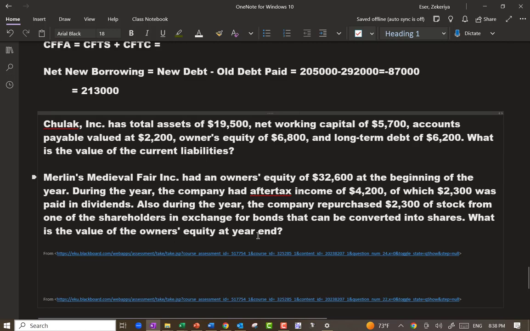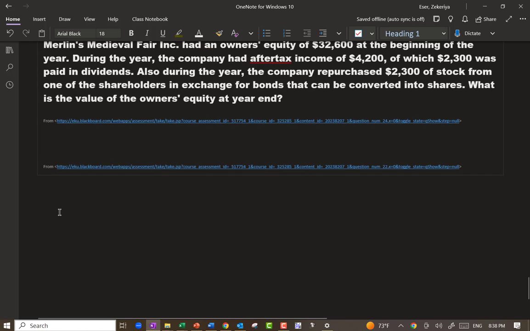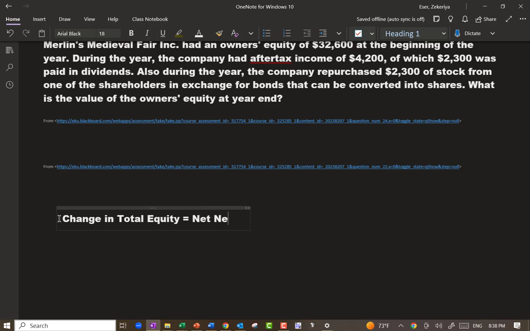What is the value of owner's equity? Well, change in total equity is typically net new equity plus addition to retained earnings.